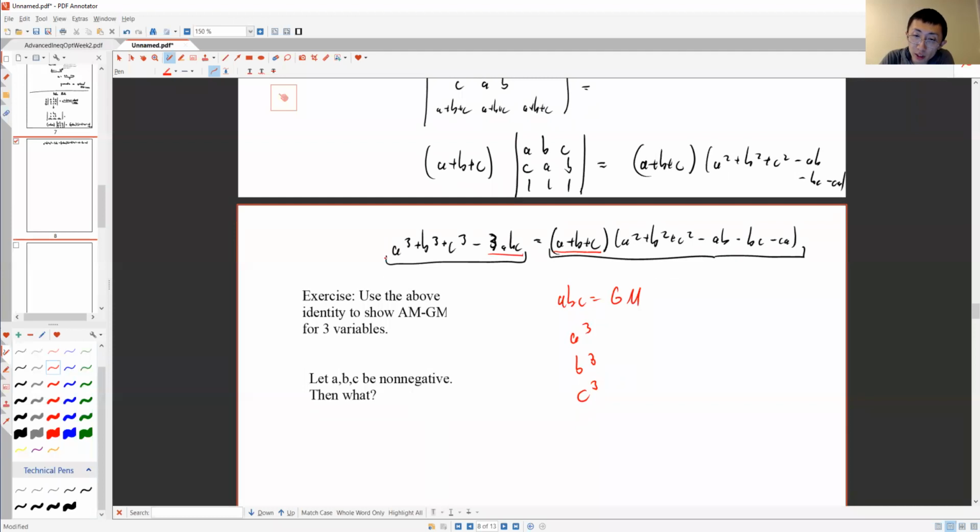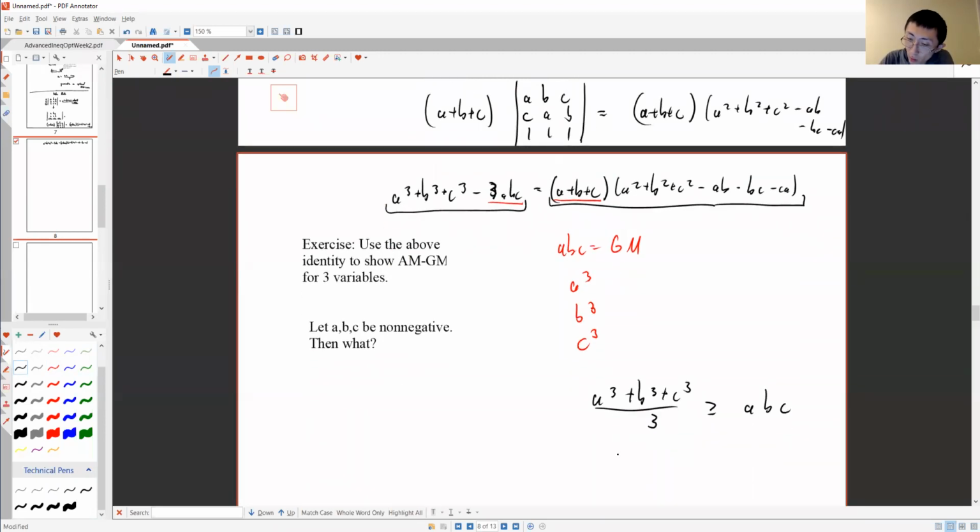So let's write out AMGM and rearrange it to part of the equation. It says this is true when A, B, and C are non-negative. So we can just multiply by 3 and move all the terms to one side. And this is just the left-hand side, right? So we need to show, like Pranav is saying in the Zoom chat, that the left-hand side is greater than or equal to 0.